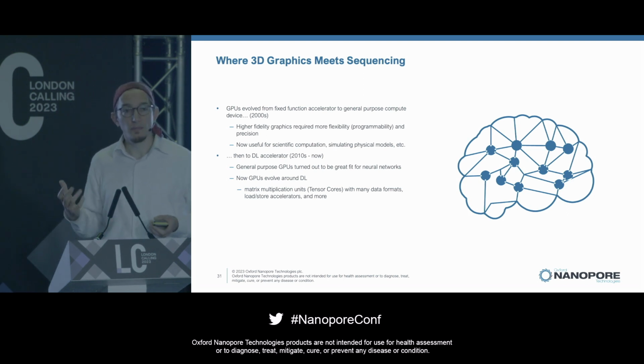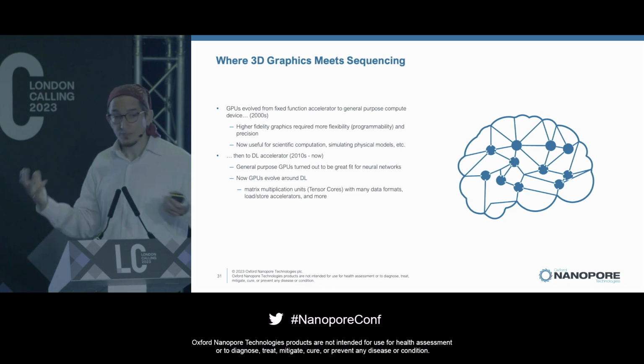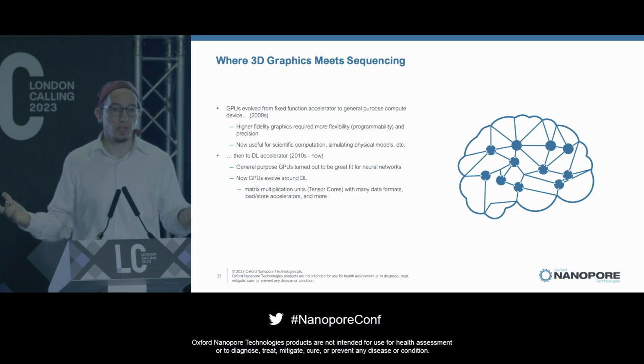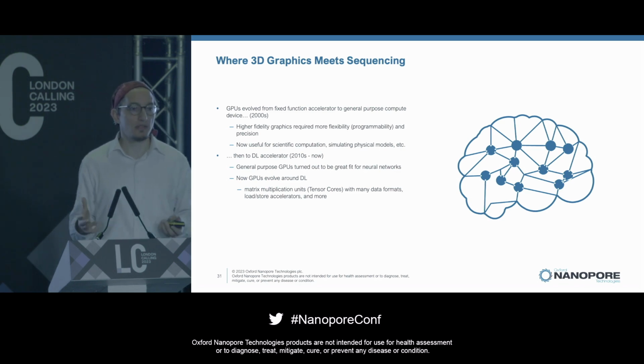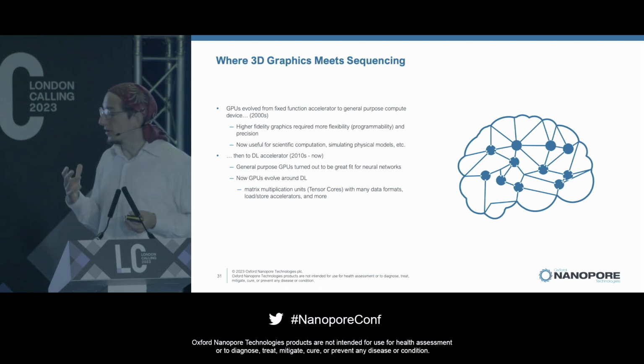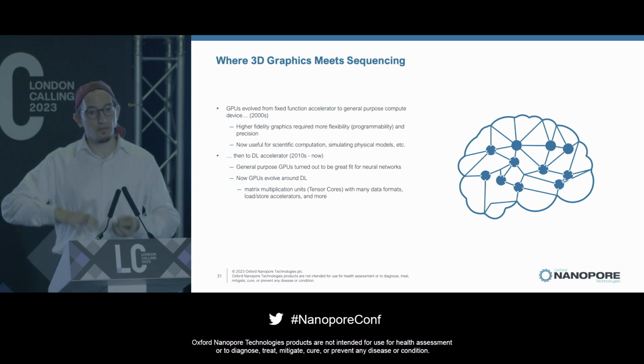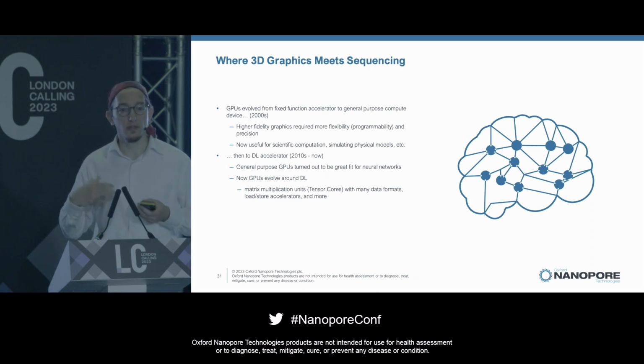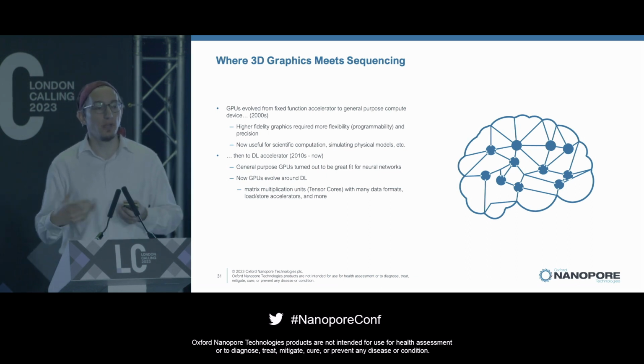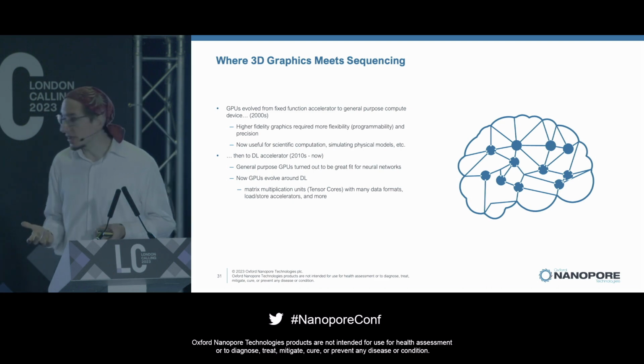And from that point onwards, neural networks became really impactful, had a massive success. And it turns out that now GPU companies actually have adopted that and designed their GPUs to be really good as deep learning accelerators.